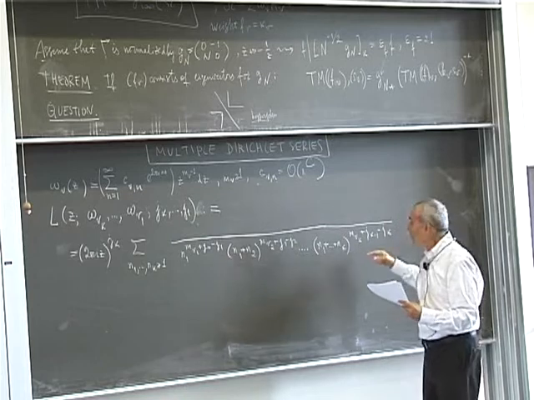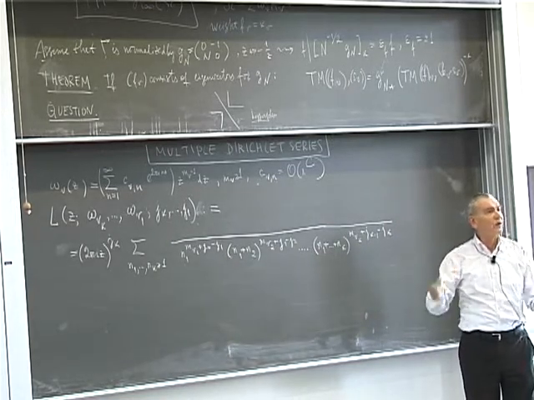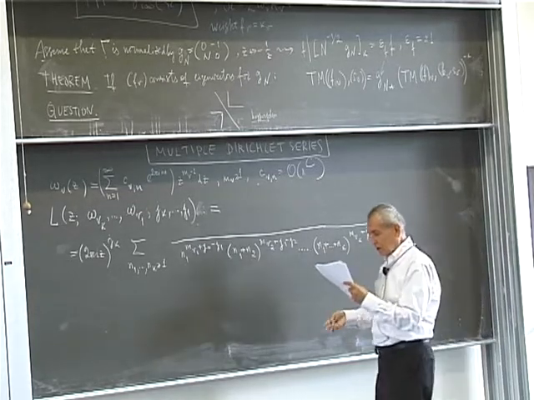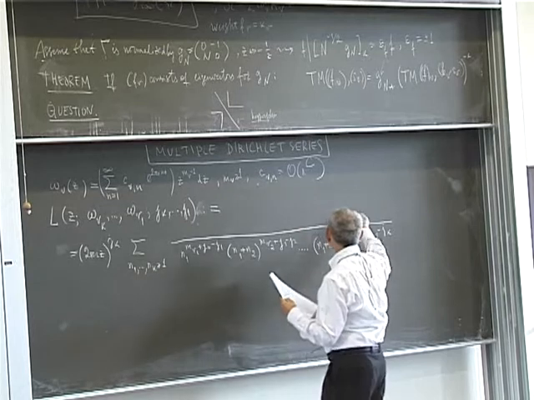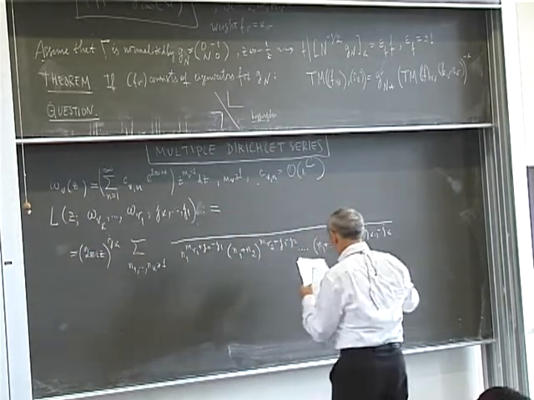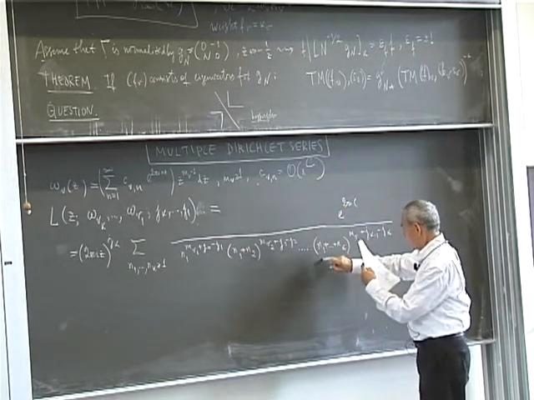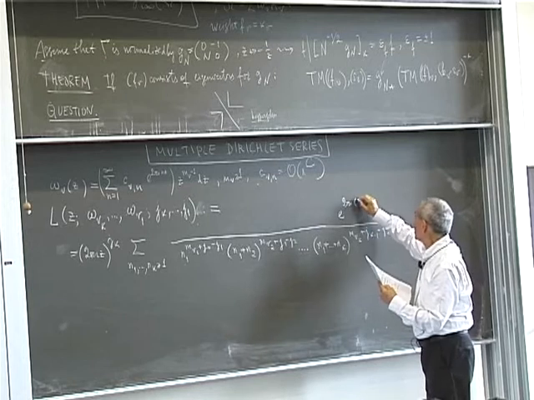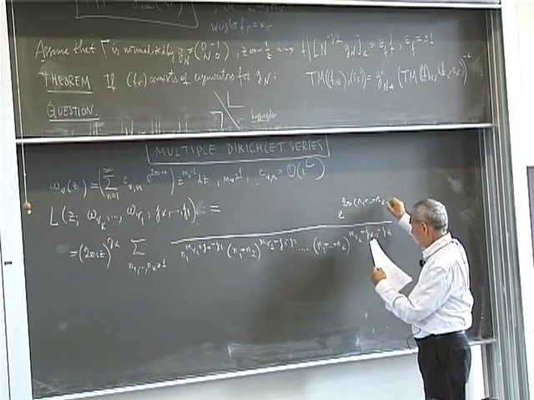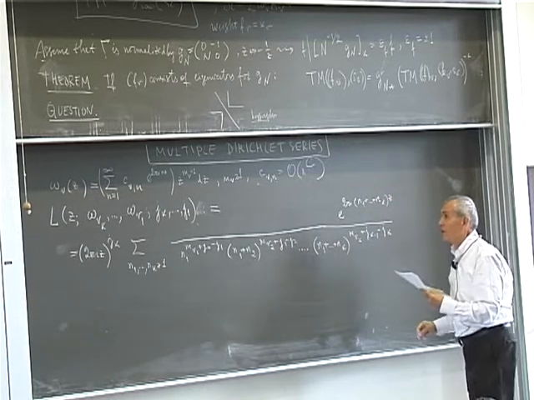So the denominator has the same structure as the denominator of a multiple zeta series. But now the numerators. The numerator is somewhat different. Well, there is one part which depends on z, and as I said, this dependence is elementary. I take essentially the largest number here, multiply it by z and by 2 pi, and then take the corresponding coefficient.